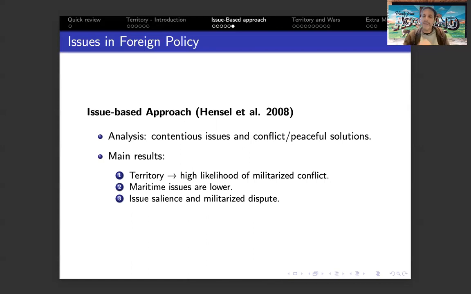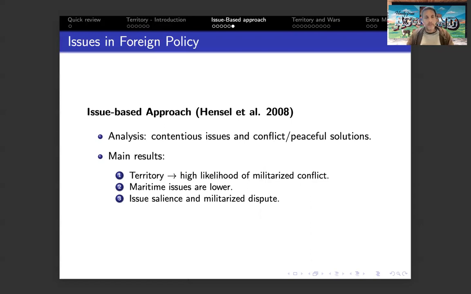However, they show that when they change the degree of issue salience from a lower level to the maximum level, then the probability of going into a militarized war increases by about 5 times. So again, the specific numbers are not that high, but it still shows that once the degree of salience of the issue increases, the probability of that issue turning into a militarized conflict also increases substantially.